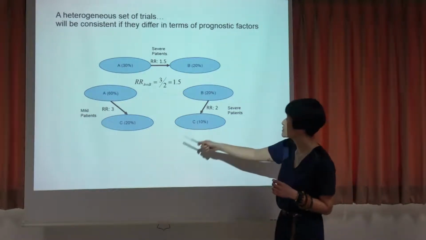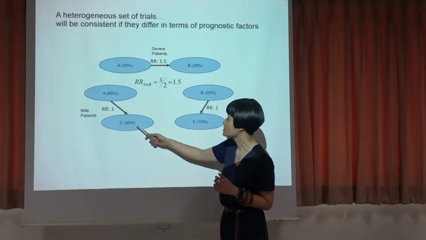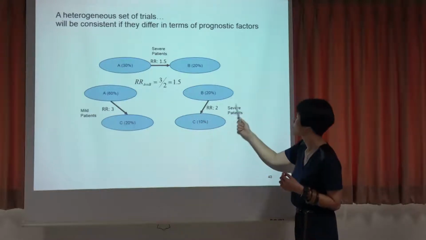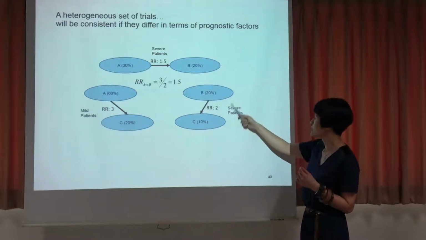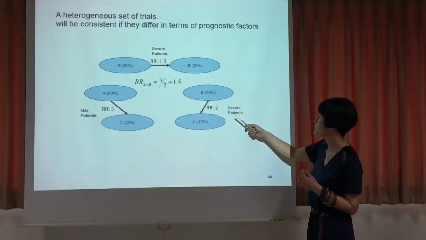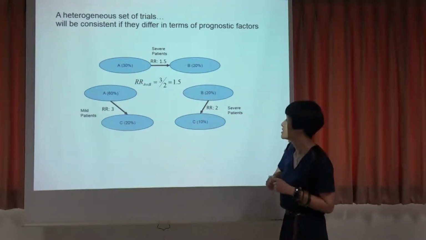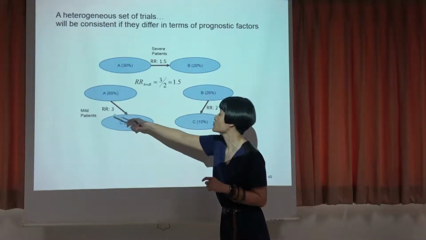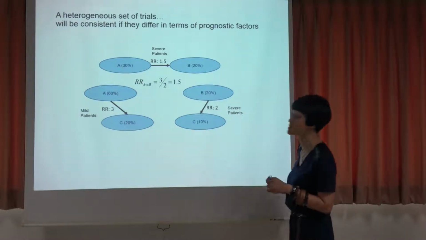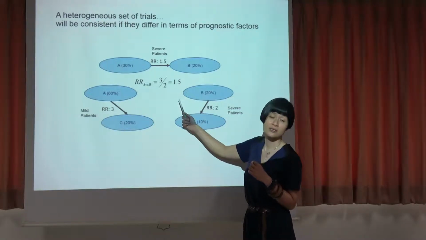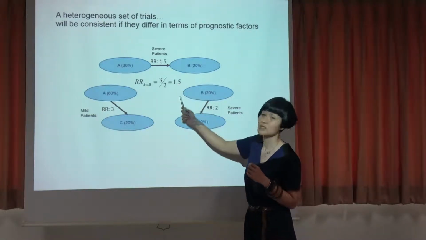So you here have a set of trials comparing A and C in mildly affected patients, and here you've got the comparison between severe patients, and here you've also got a set of trials on severe patients. Now, if severity is prognostic, so it shouldn't have a systematic impact on your estimated effect, then you should still get this consistency. You should still have this same estimate here.